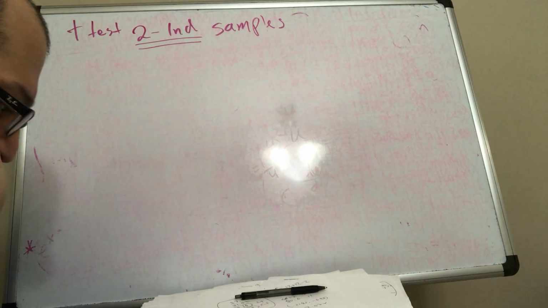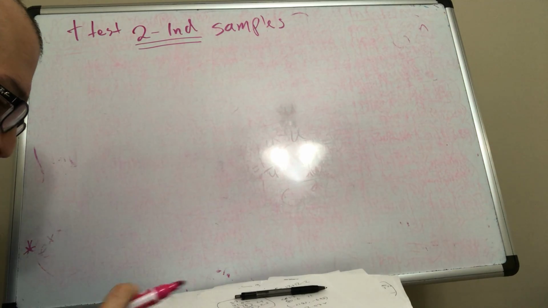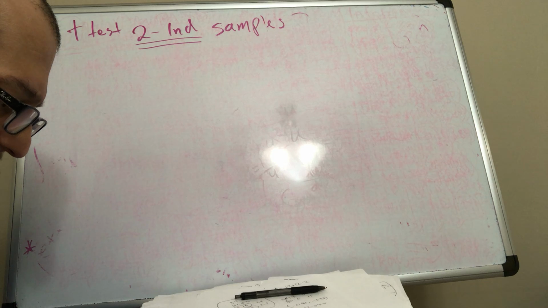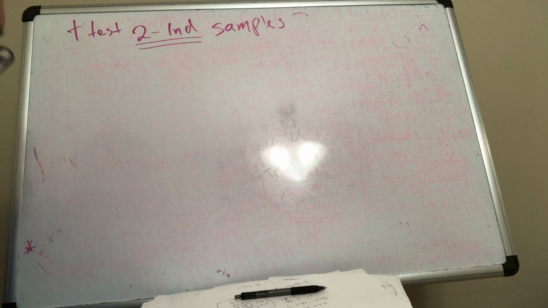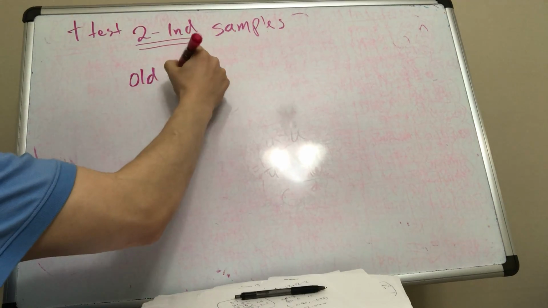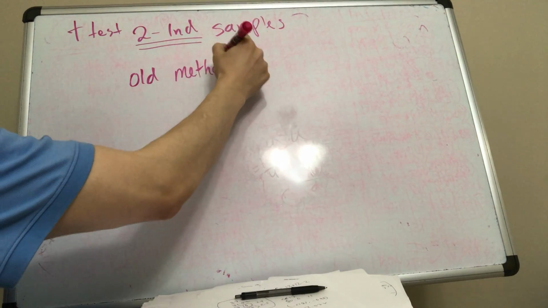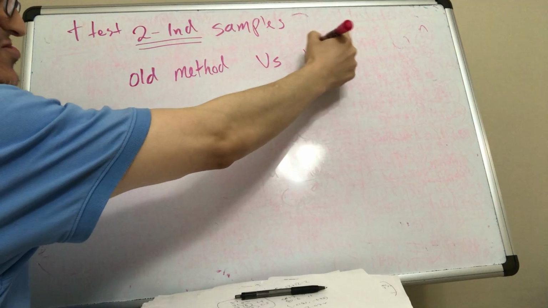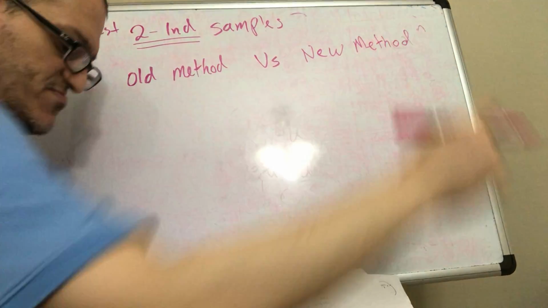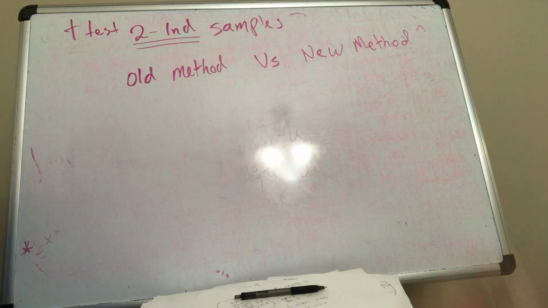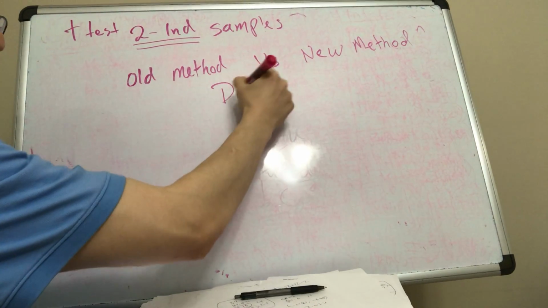Now, the first question in the assignment tells you that you have a test for null hypothesis. You have an old method to do something versus a new method to do something. So you have two groups, and you want to see if they're different.